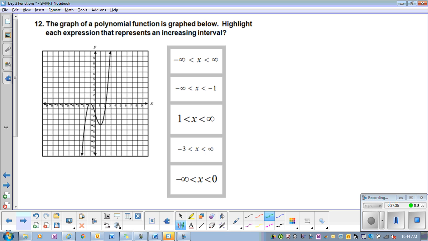We need to draw a vertical line anywhere that there is a turn, or change in direction. So there's one there, and there's one here. What x numbers do these lines cross through?